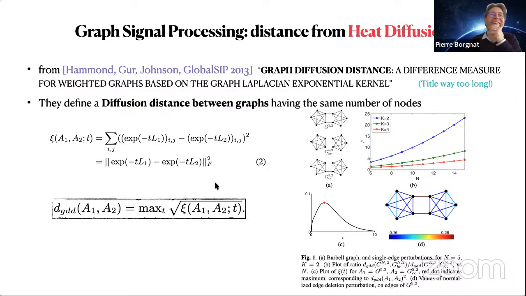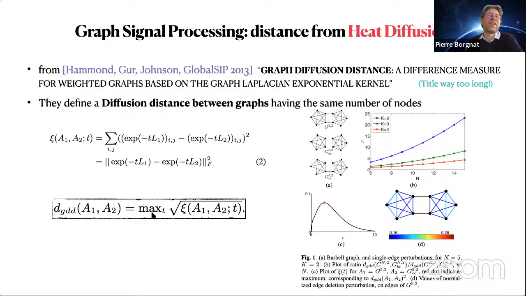And he was proposing that if you use the heat kernel, so the exponential of minus some time multiplied by the Laplacian of the graph, and you compare the kernel for a given graph 1 and for another graph 2, then you can compute the simple Frobenius norm between the two of them, if you have the same number of nodes in your two graphs.